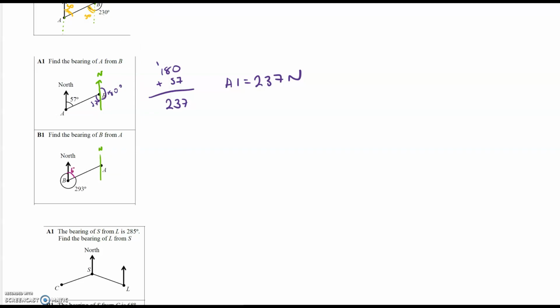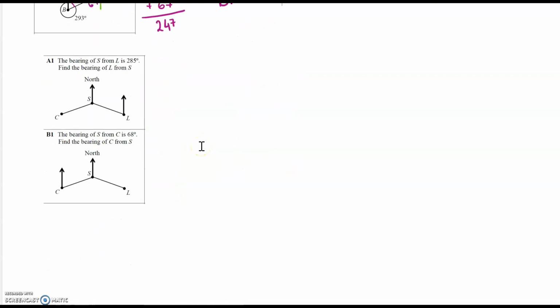I know that's got to be 67 degrees in there, which means this has to be 67 degrees as well, which means this has to be 180 degrees. So 180 plus 67, 7, 8 plus 6 gives me 14, plus 2 gives me 247. So my bearing of B from A is 180 plus 67, so that is 247 degrees north.